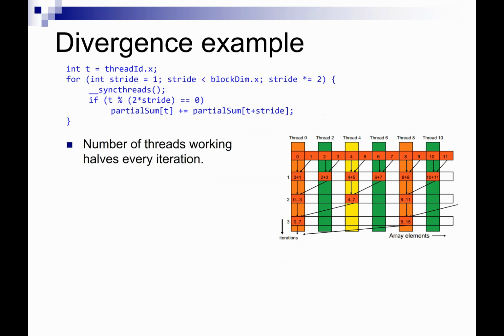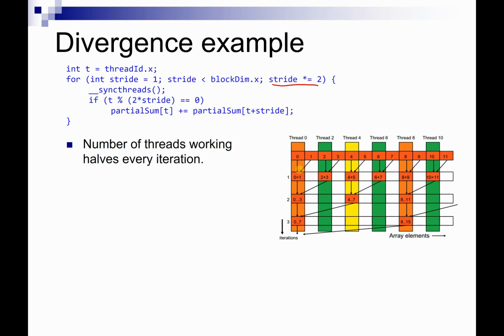All right, so this is the actual code for doing this. We have this variable called stride, which controls which threads we pair. Initially we pair adjacent threads, so the distance between the paired threads is 1: we pair 0 and 1, then 2 and 3.